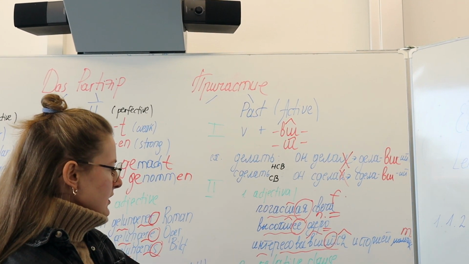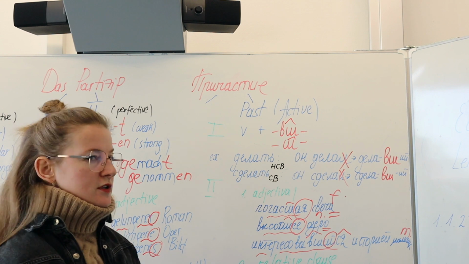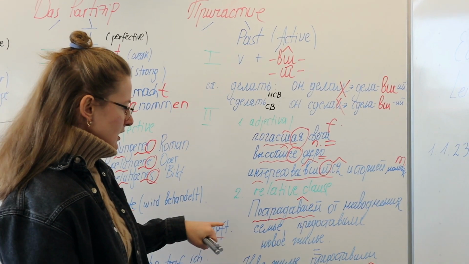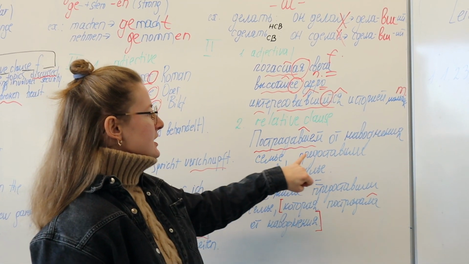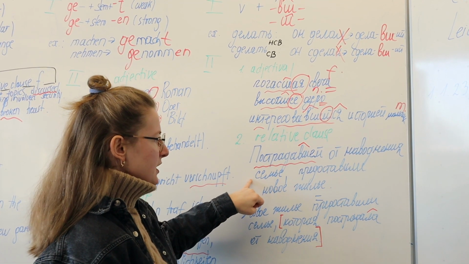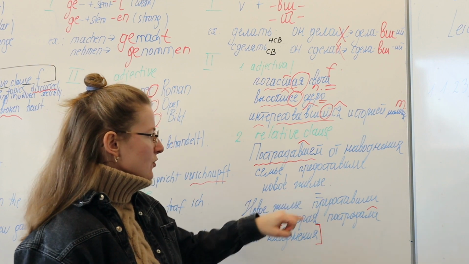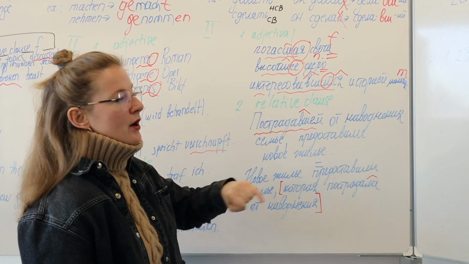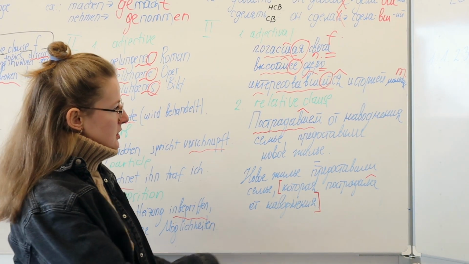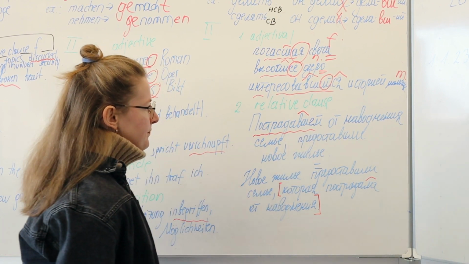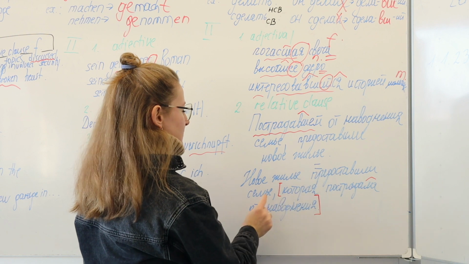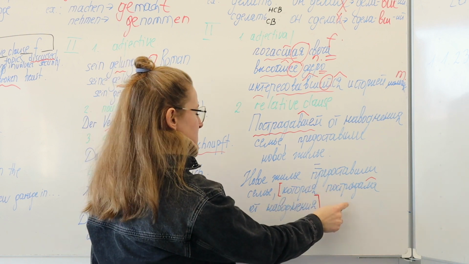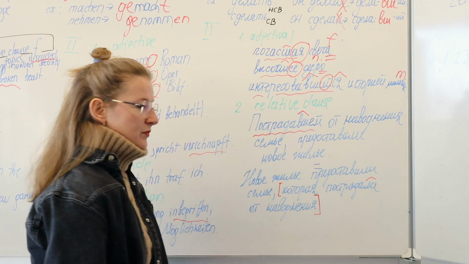And the second function is the relative clause or the alternative to a relative clause, and I've got an example for you guys. Пострадавшей от наводнения семье предоставили новое жилье. Пострадавший is our participle, okay? So we've got this suffix ш here, and now we could also say новое жилье предоставили семье, которая пострадала от наводнения.